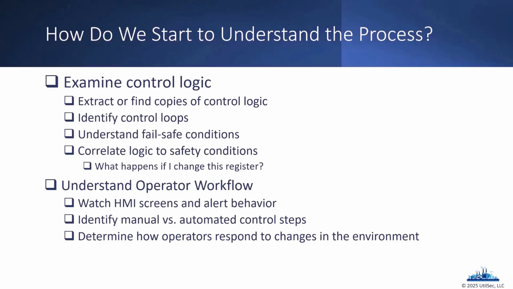And then when you also look at understanding, right, how does an operator see the environment? This is where we're going to talk in later sections, especially about what if we start making changes in the environment and then we start tripping alerts that an operator needs to respond to?